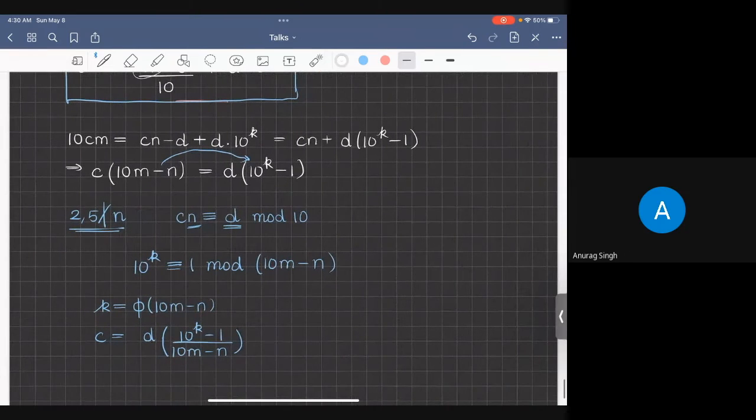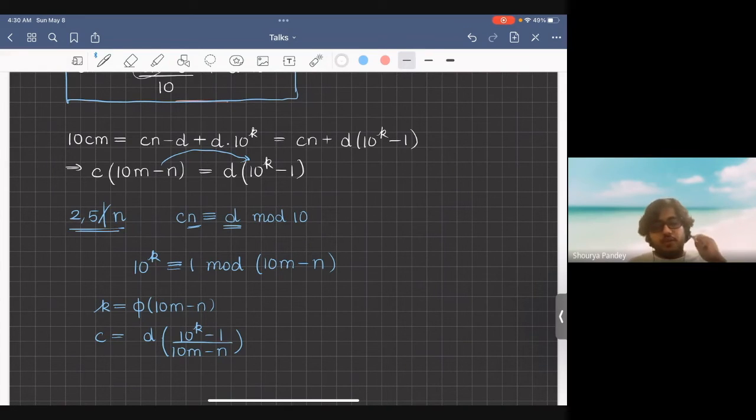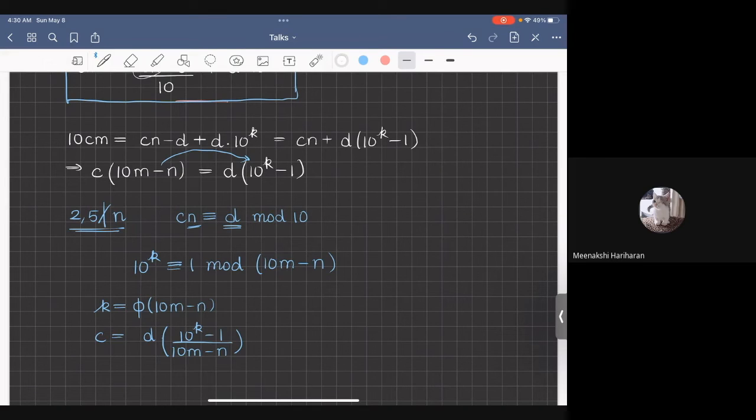Also, to satisfy the upper condition, we can take any multiple of phi of 10m minus n, and it works. Sorry, Meenakshi, can you ask me the question once more? Because 10 to the power k is 1 mod 10m minus n, isn't n's last digit 9? Why? Because that's the only way it's possible.